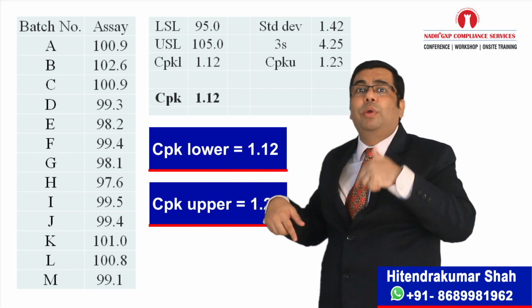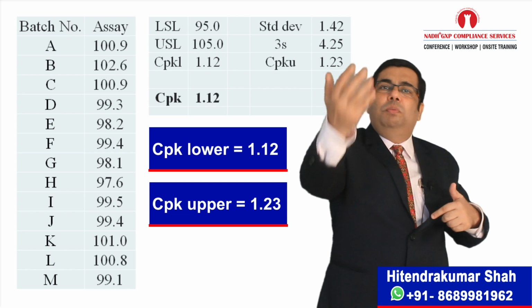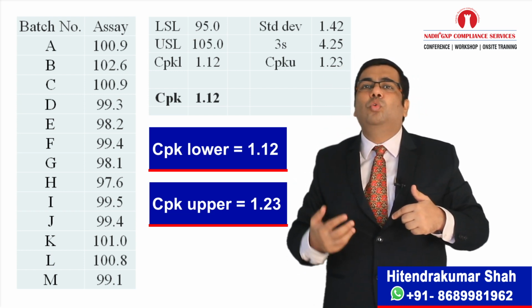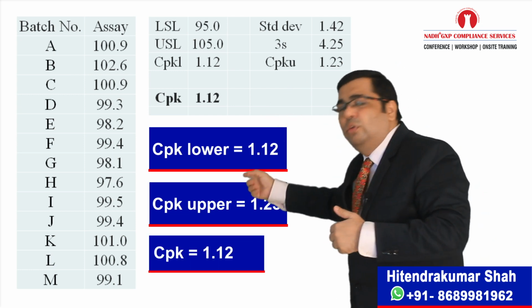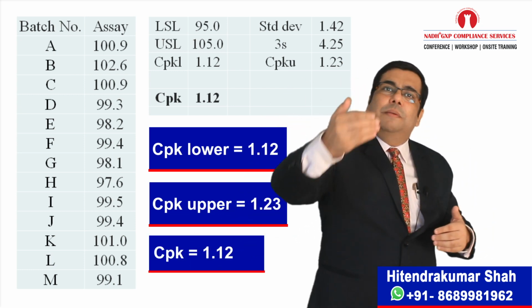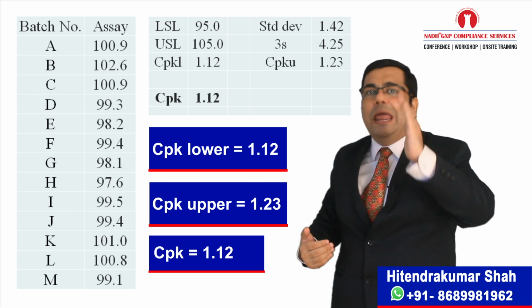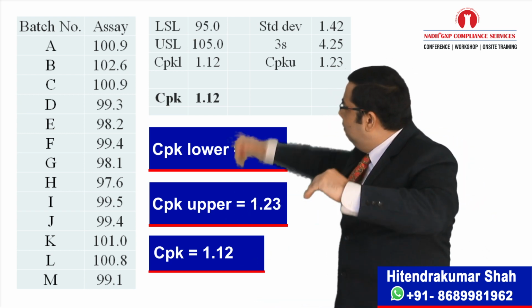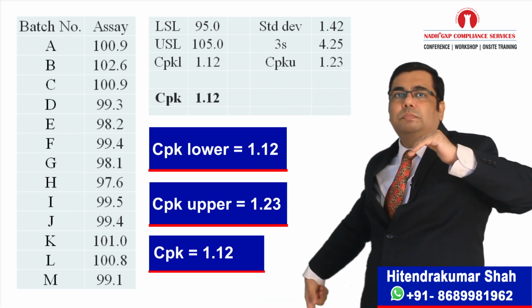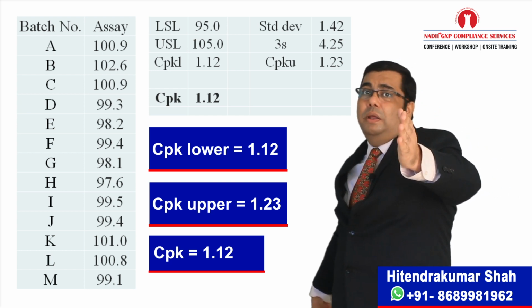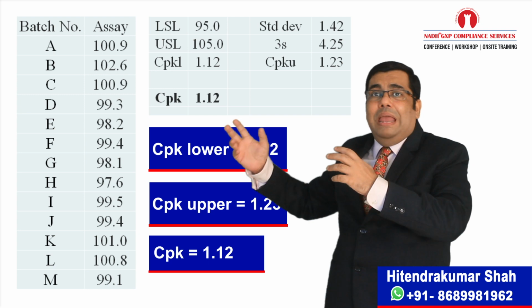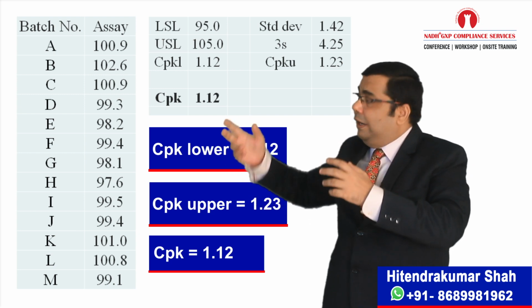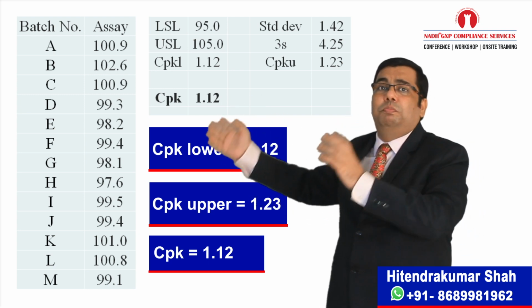In such a case, for reporting the CPK value, we have to report whichever is the lower value. So here the lower value is 1.12, and hence 1.12 can be considered as the CPK for this case. Hope you got my point, because here we took an example where CPK is calculated with two different limits, an upper limit and a lower limit.